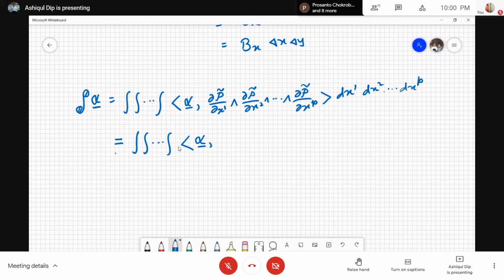Then in terms of those transformed coordinates, we can write the transformed basis vector: delta p tilde over delta x1 becomes the sum over i of delta y i by delta x1 times delta p tilde by delta y i, right?